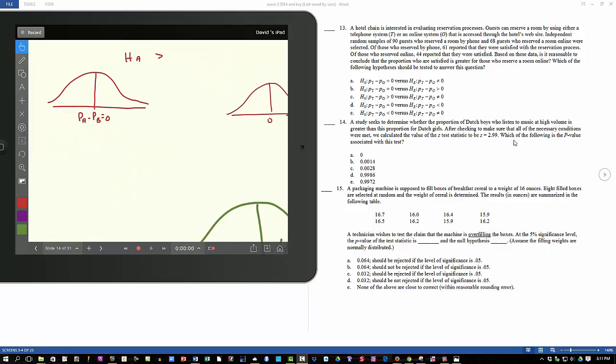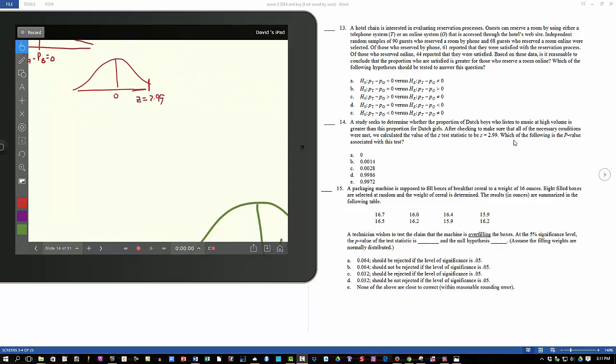We have our alternative hypothesis is a greater than. Our parameter is PA minus PB. There's no difference. If H0 is true, then we'll have a 0 right there. Z is 2.99. So all we're saying is we are 2.99 standard deviations or standard errors above 0.